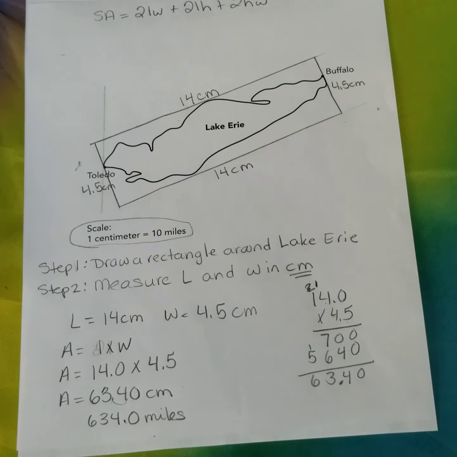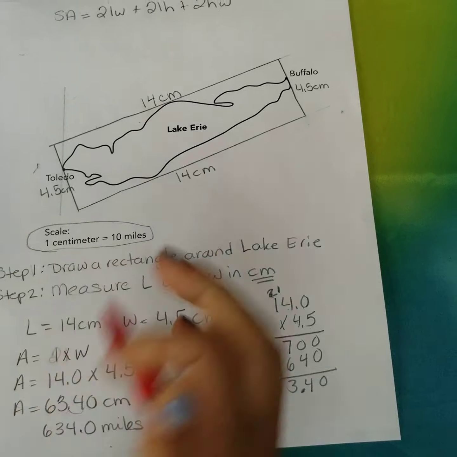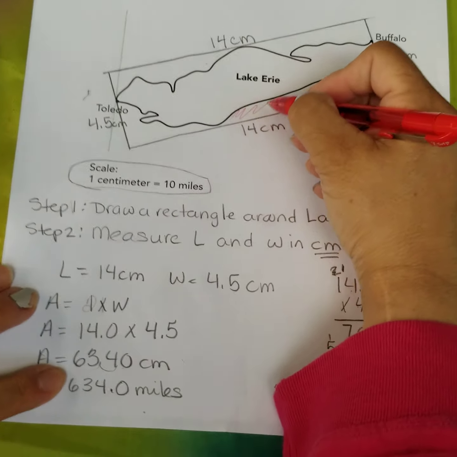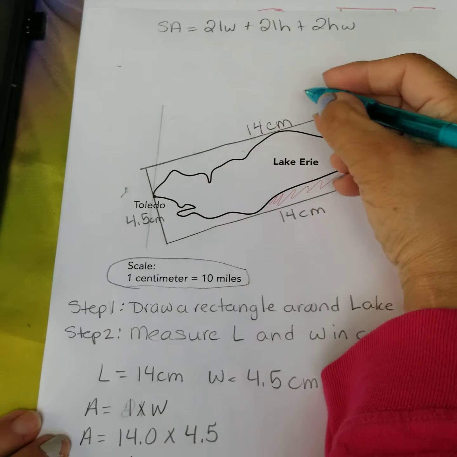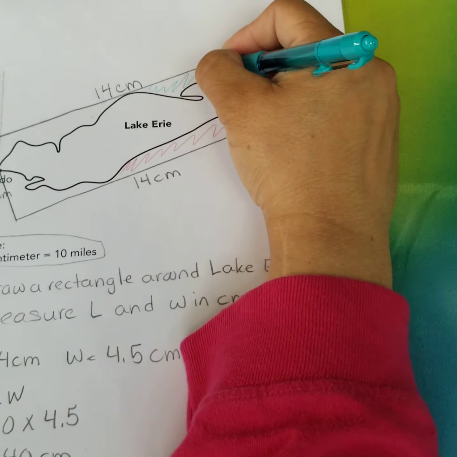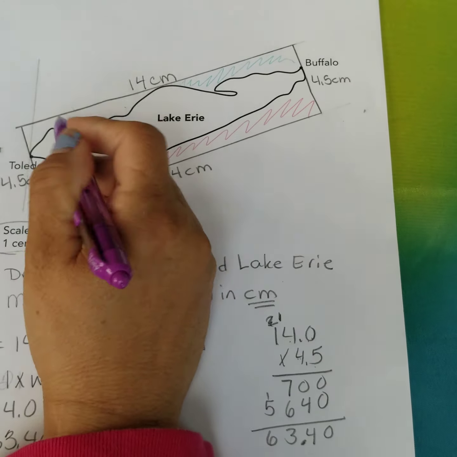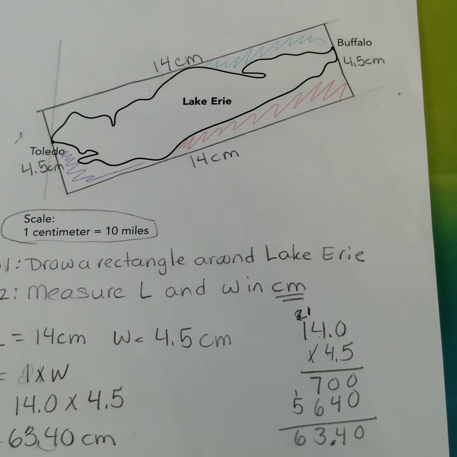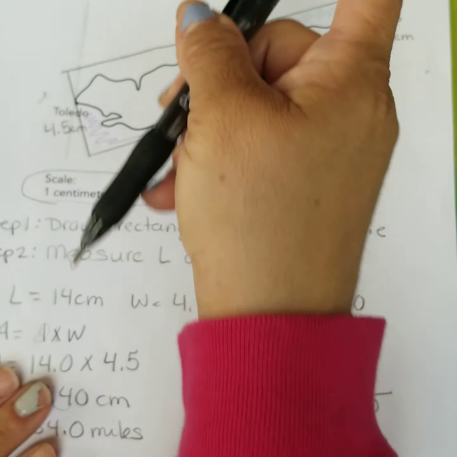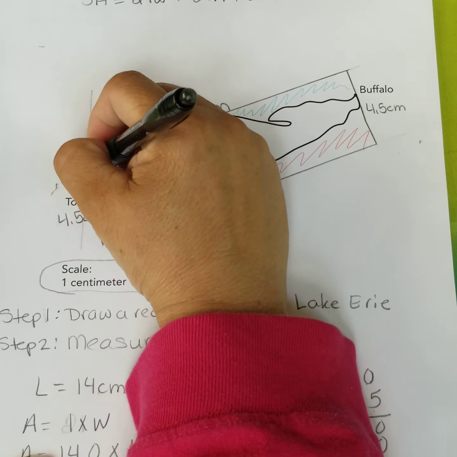rectangle around Lake Erie. Problem is, we have this area here. We have this area here. And we have this area over here. And let's not forget this wonderful area here.